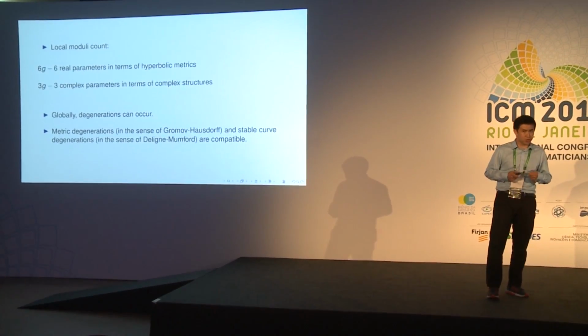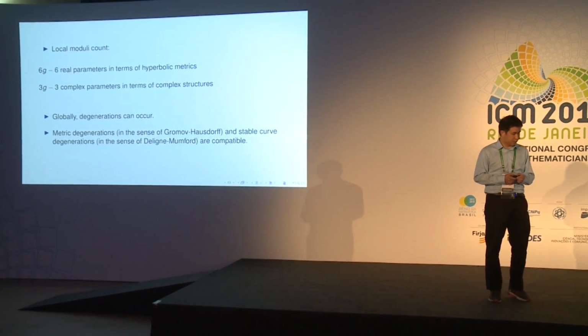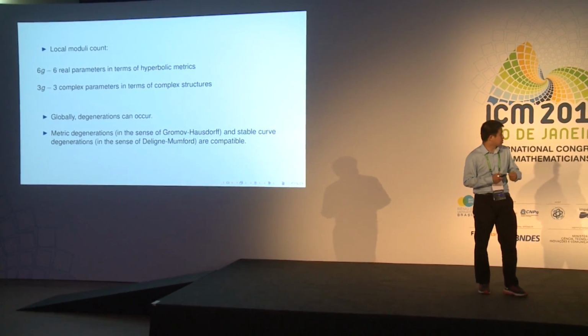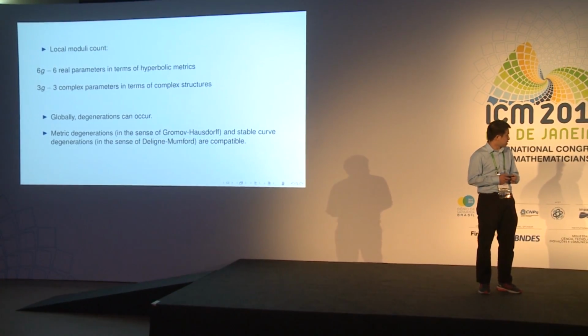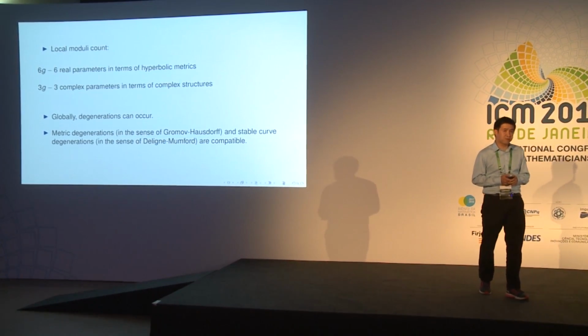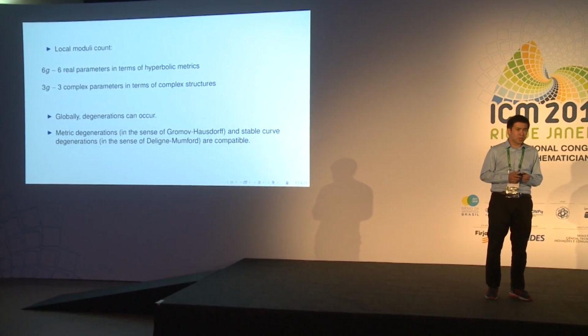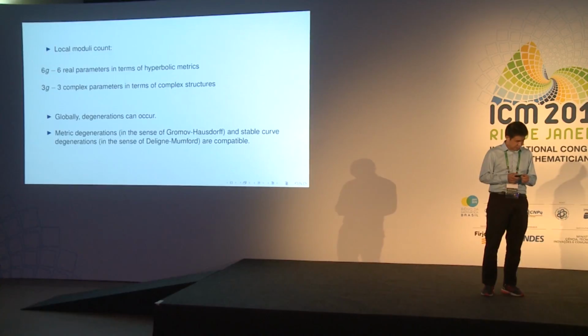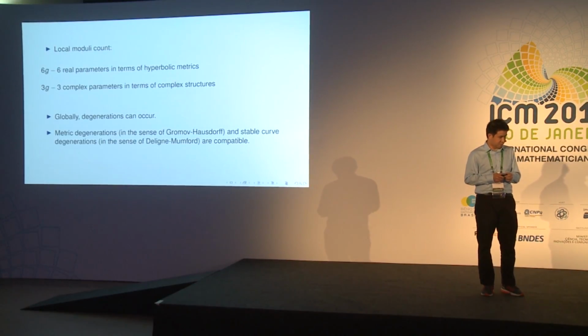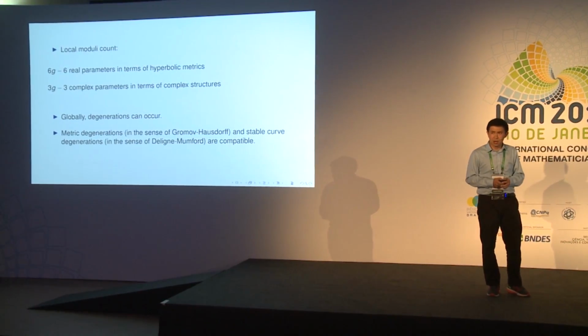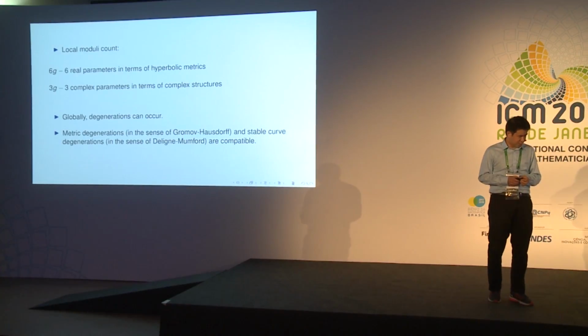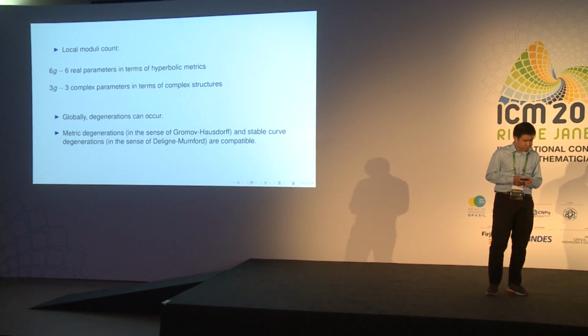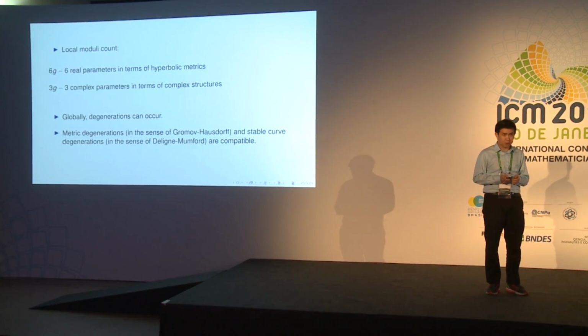We can consider limits of these metrics, where we talk about degeneration in the sense of Gromov-Hausdorff. And for stable algebraic curves, we talk about degenerations in the sense of Deligne-Mumford, who constructed the compactified moduli space using stability. So these are also compatible.